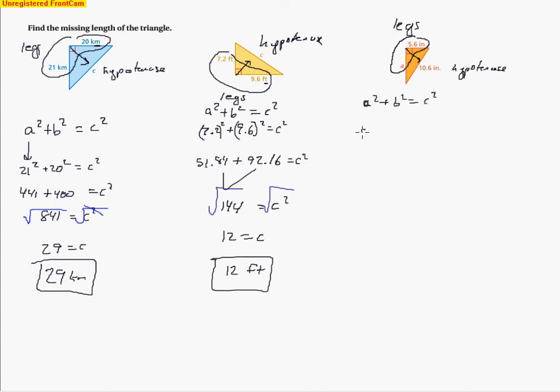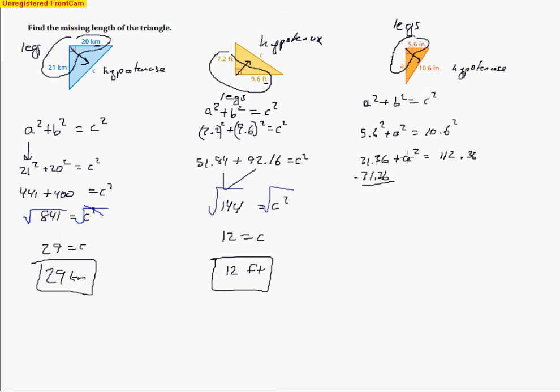So we've got 5 6/10 squared plus a squared equals 10 6/10 squared. So 5 6/10 makes 31 36/100 plus a squared equals, and then 10 6/10 squared makes 112 36/100.